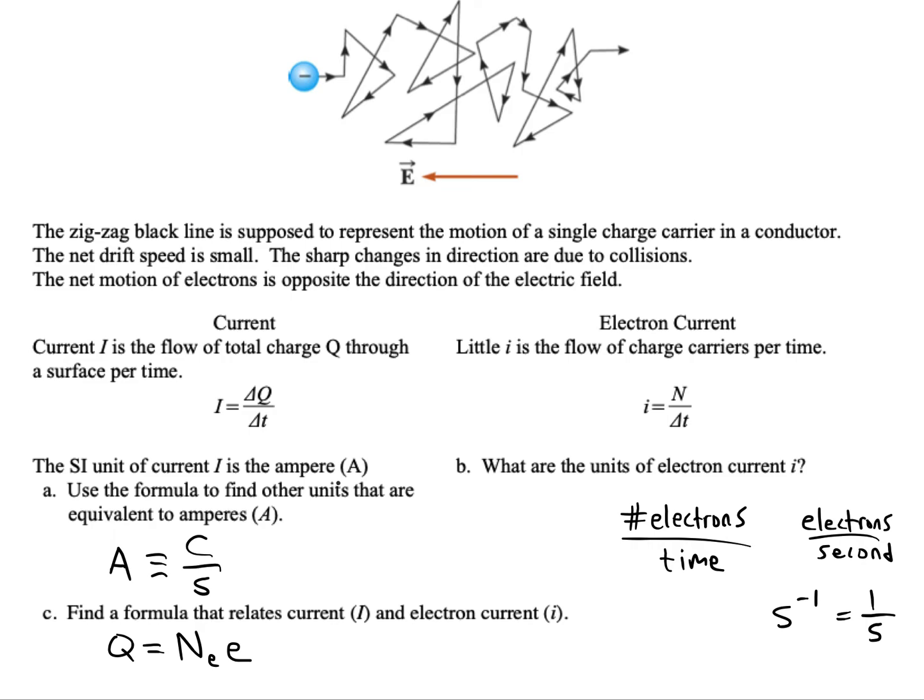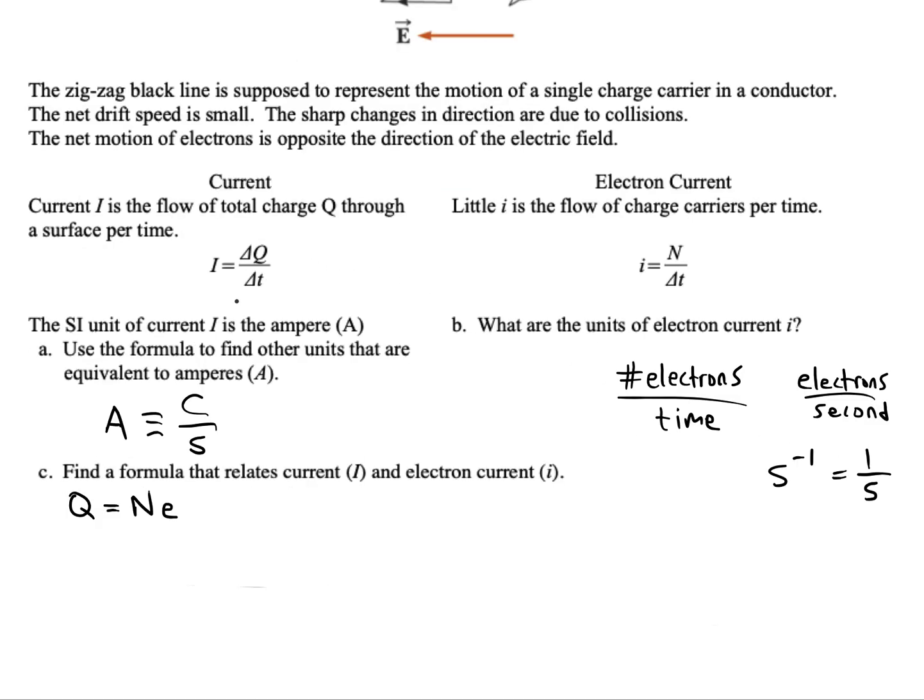Alright, so one technique we have for finding relationships between two different formulas will be to take the things that they have in common and solve for those constants. So we would get delta t equals delta Q over I. And over here we'll have delta t equals N over little i.